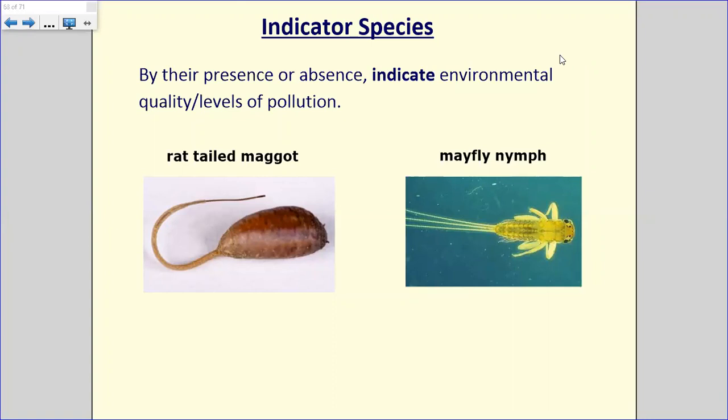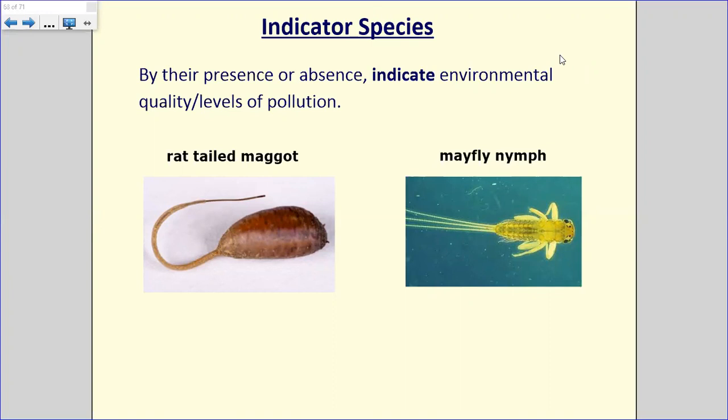So if I was sampling a river and I found a rat-tailed maggot in the river, that would indicate, see what I did there? That would indicate that the river is polluted because rat-tailed maggots are able to survive in very polluted water.